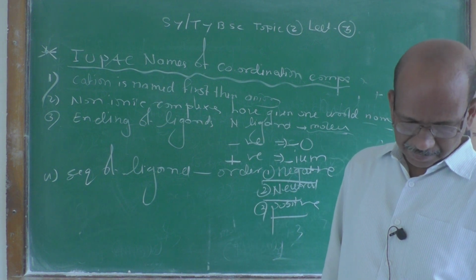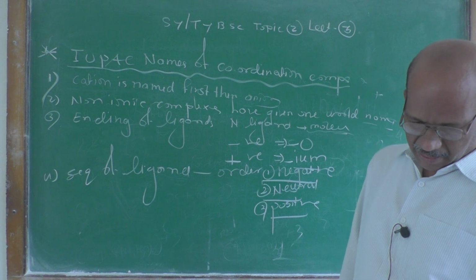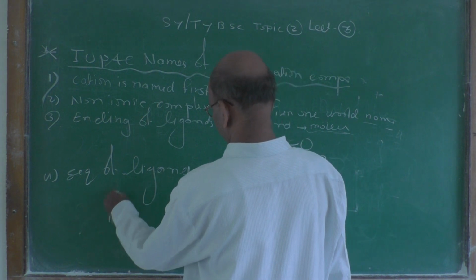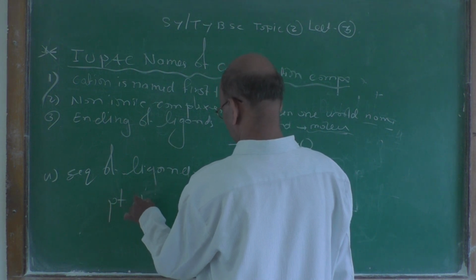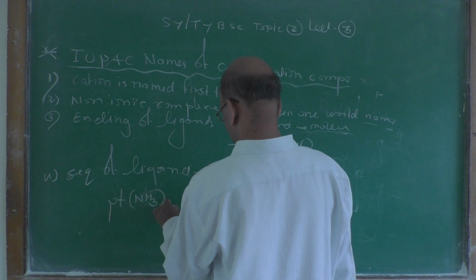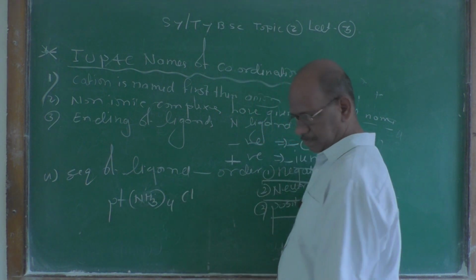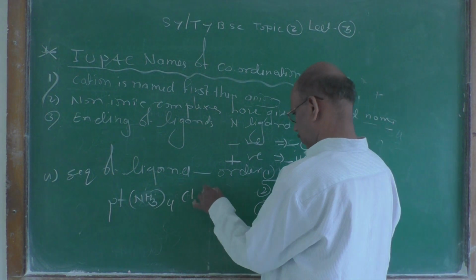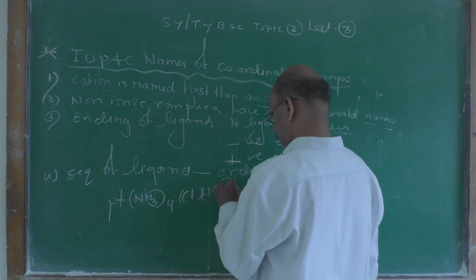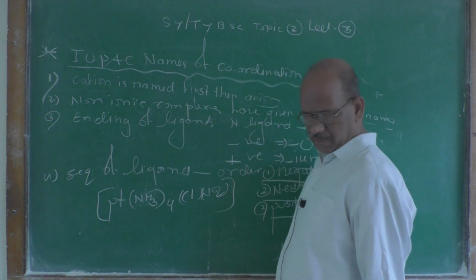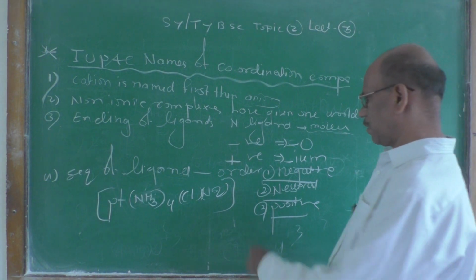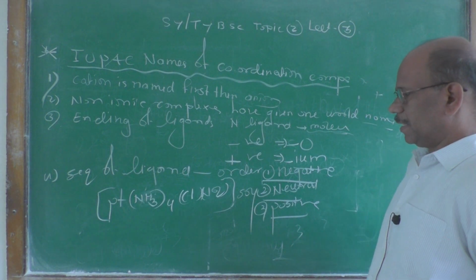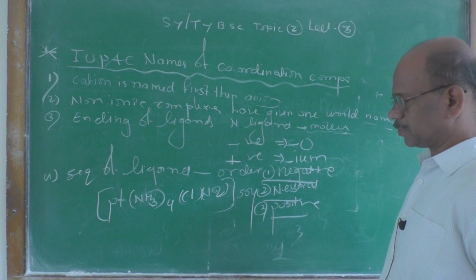Suppose it is [Pt(NH3)4ClNO2]SO4. Outside the bracket, SO4 is there.